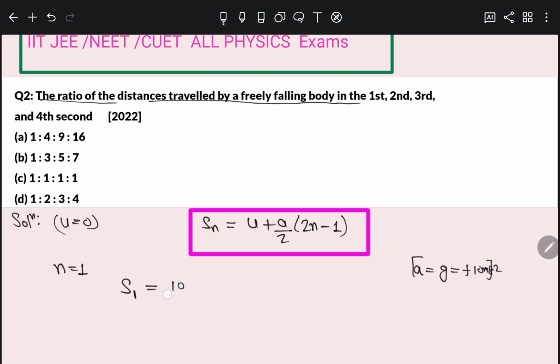So s1 is equal to 0 plus 10 divided by 2, times (2 into 1 minus 1).